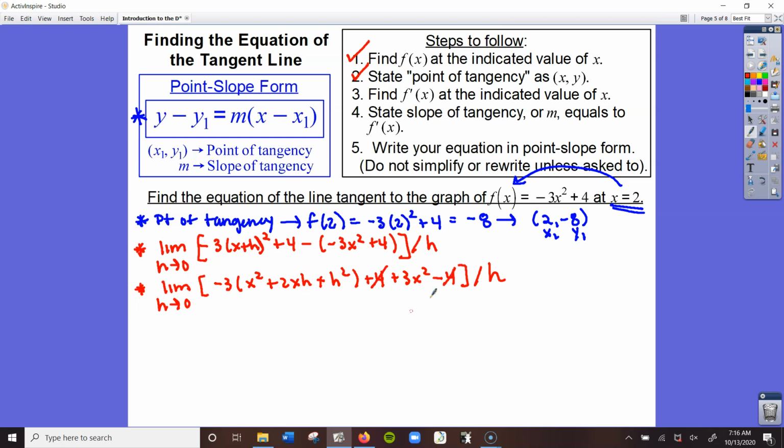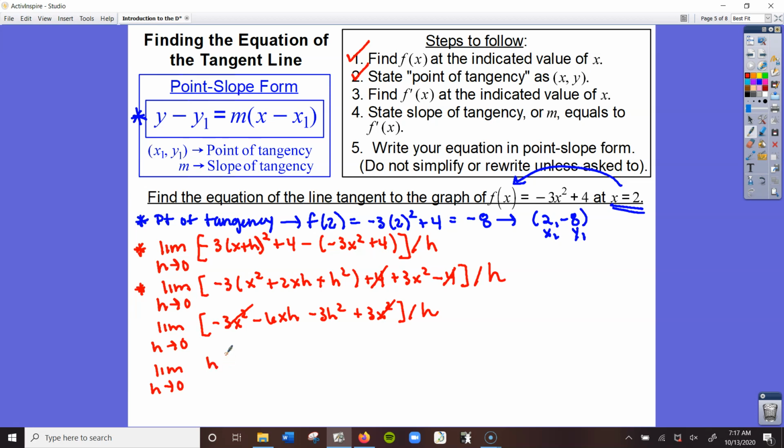The 4's cancel, and now I can distribute that negative 3, which will give us negative 3x squared minus 6xh minus 3h squared plus 3x squared, and again everything is all over h. I can cancel these 3x squareds. If I rewrite my limit, I can see that I have only h's left in the numerator, so I can factor out that h.